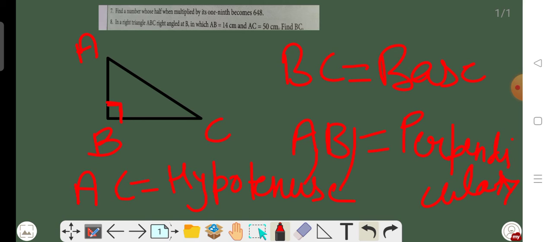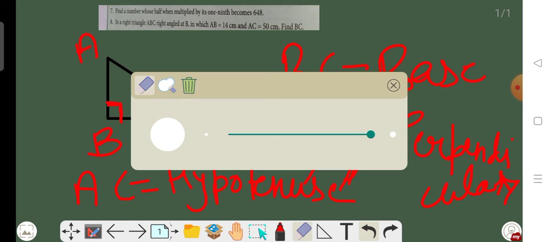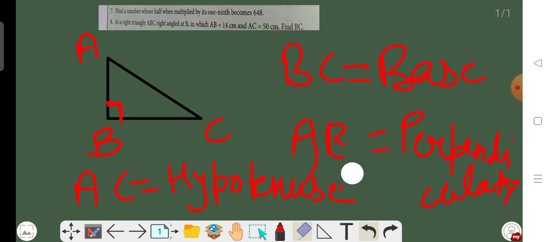Okay, so AC is hypotenuse, BC is base, and AB is perpendicular. And there is a relation between the hypotenuse of a right angle triangle and the base and perpendicular.